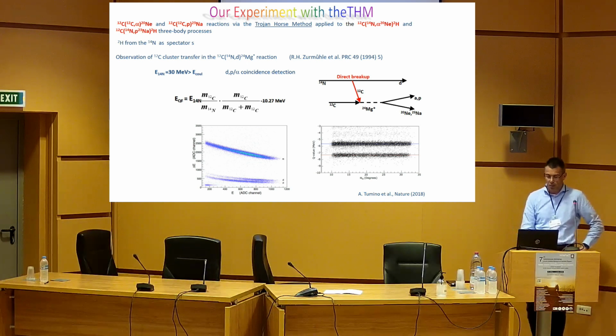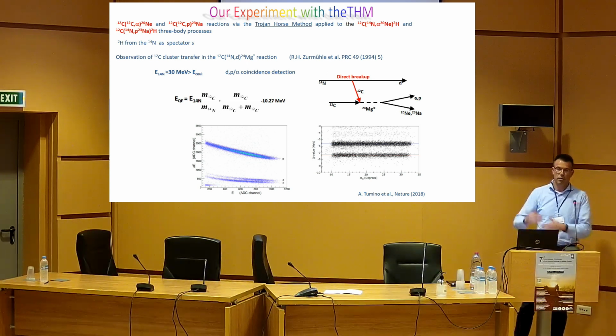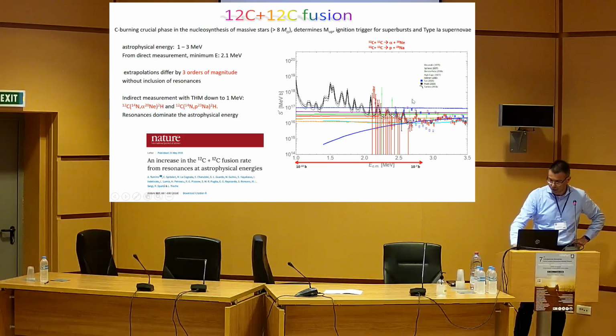And here the complication is also due to the fact that you have a lot of states within the energy range of interest for astrophysics. The main contributions are coming from two channels: this channel here, alpha plus neon-20, and the other channel, proton plus sodium-23.